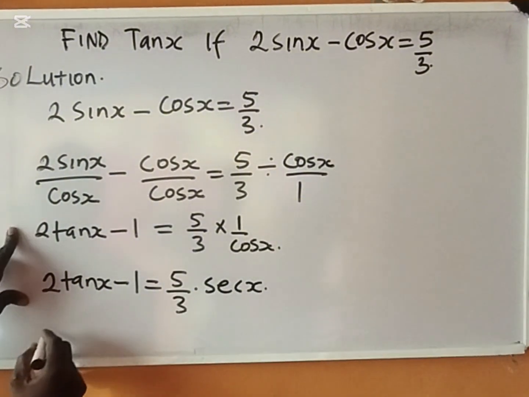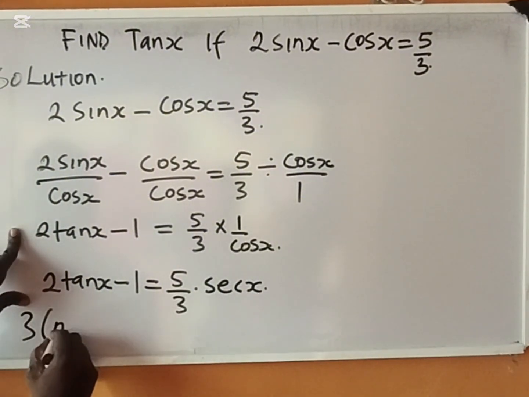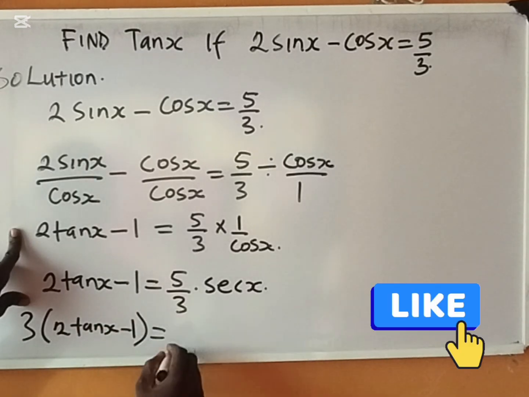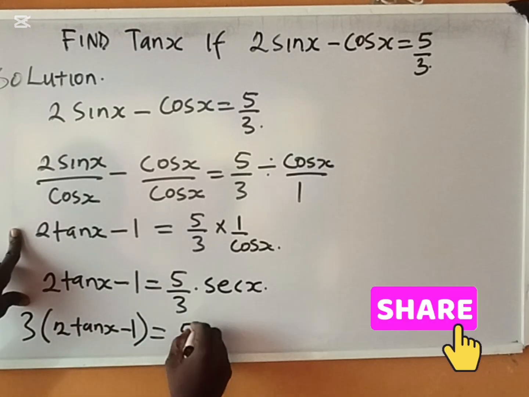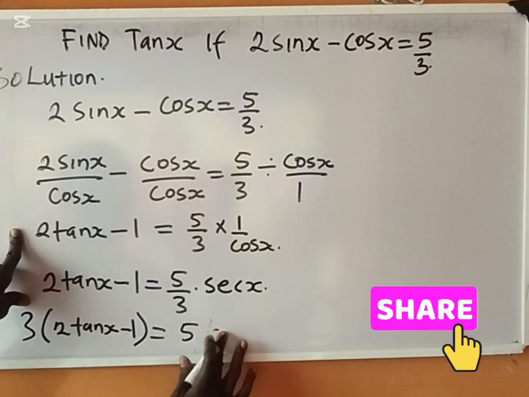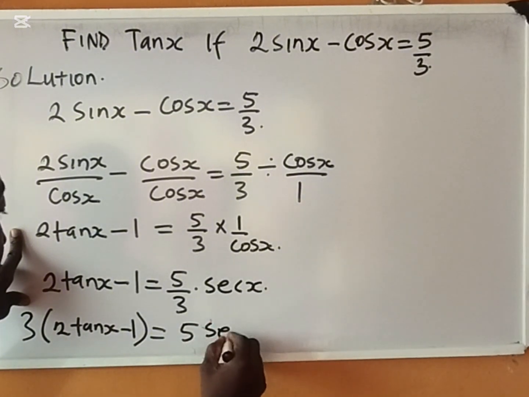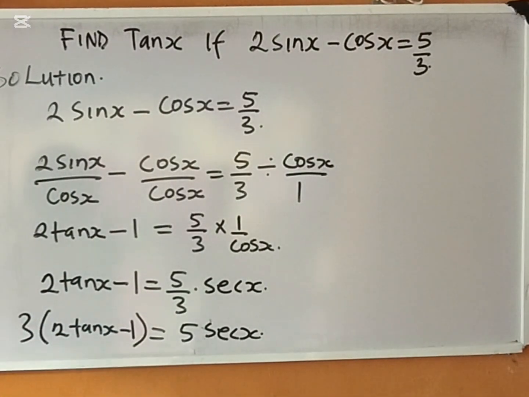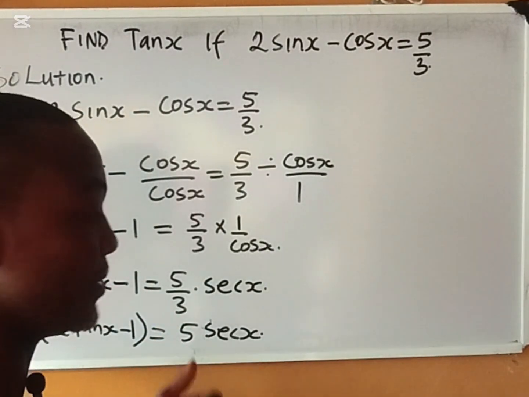If I do that, it will become 3 into brackets 2 tan x minus 1 is equal to 5 sec x. So when we get to this point, we are also going to simplify further.